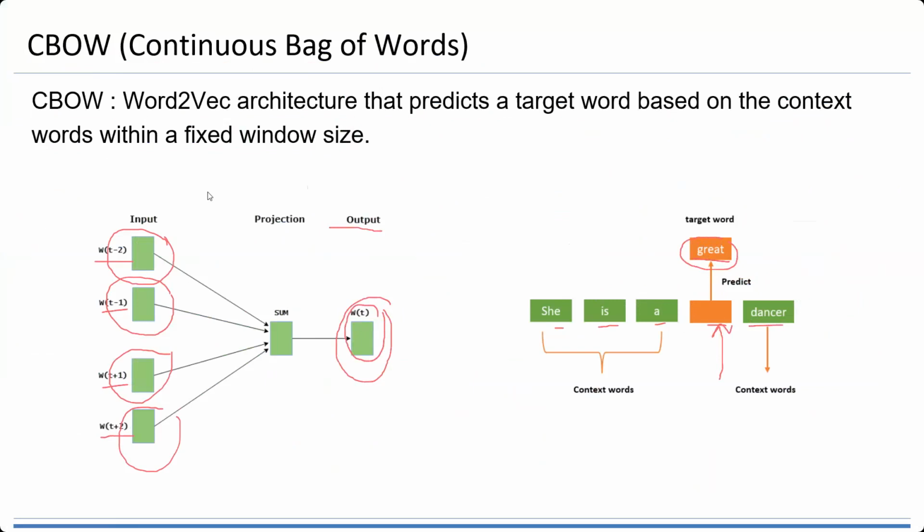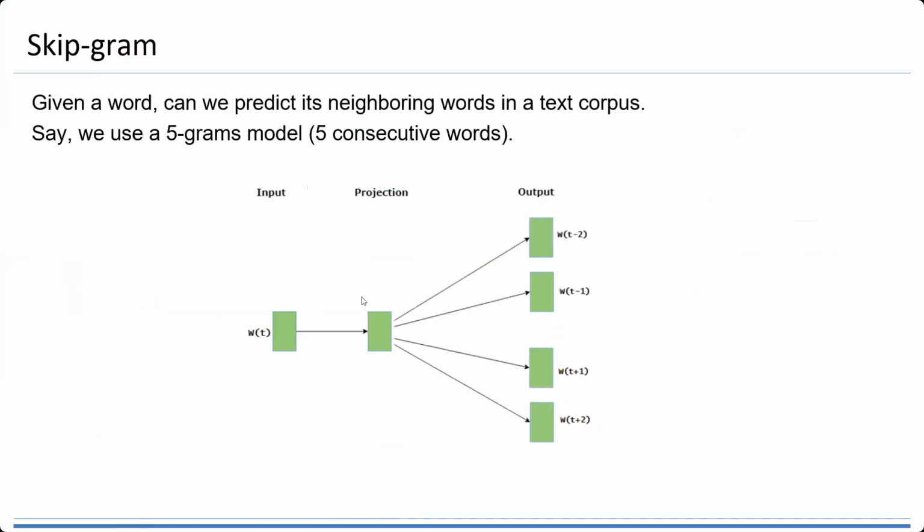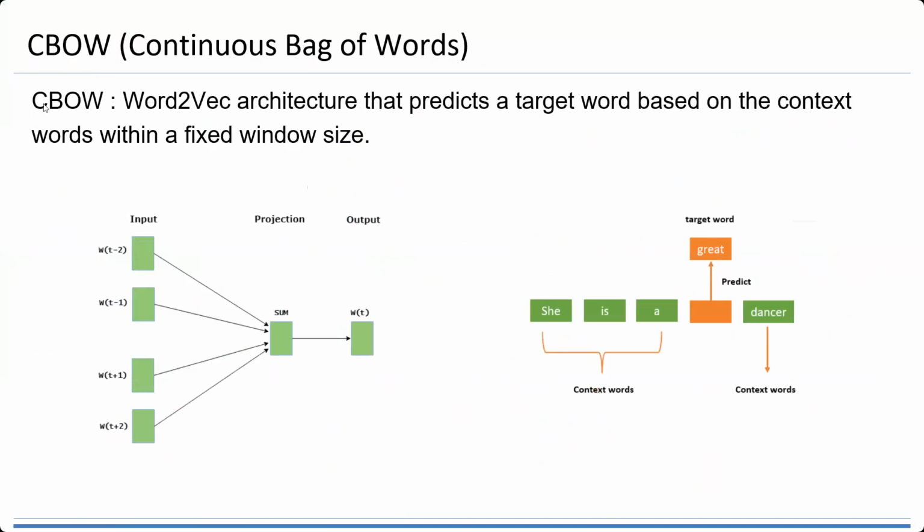So you can see the architecture is the same, but the input and the result are different. In the skip-gram, the input is one word and the output will be the possible words at t minus 2, t minus 1, t plus 1, and t plus 2, depending on the grams. But CBOW uses multiple inputs and predicts one target.